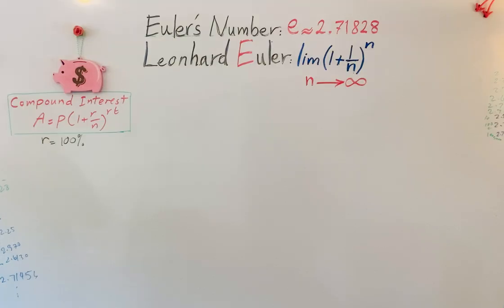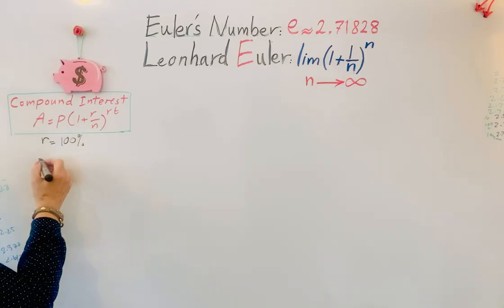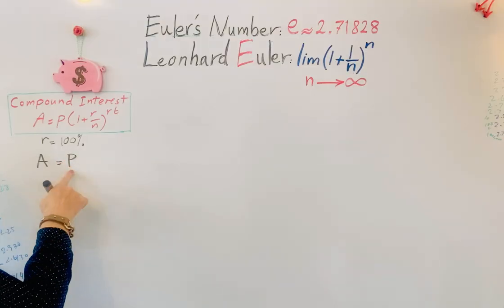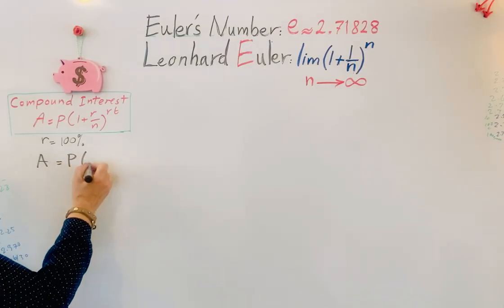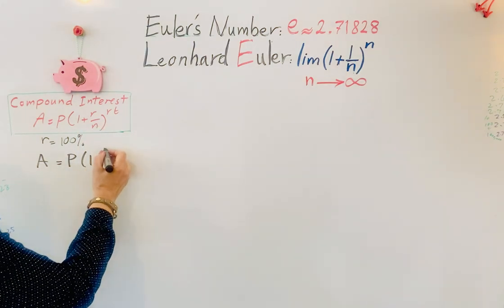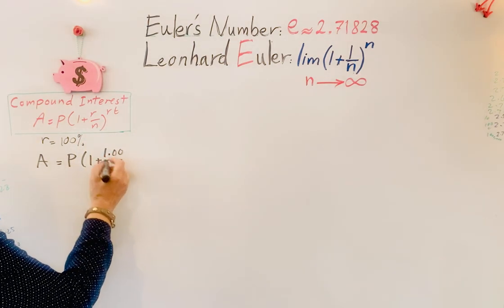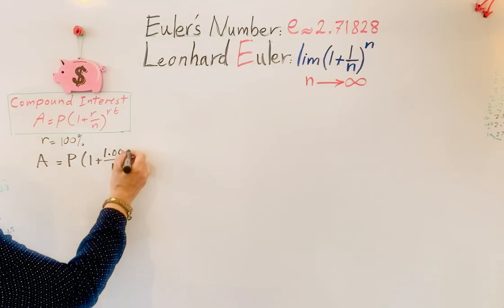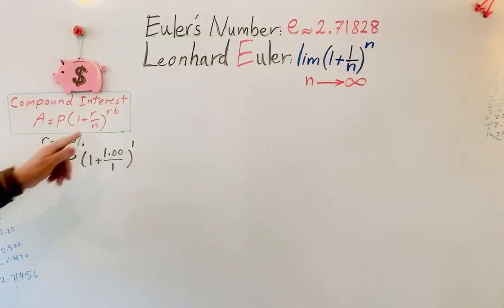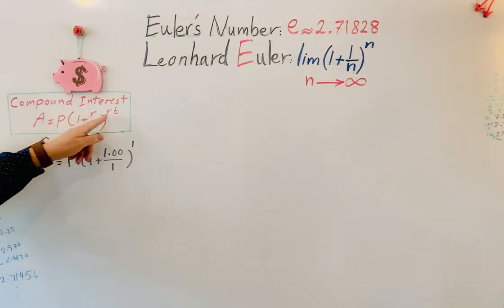If it is compounded once a year, annually, how much is it going to be? After 1 year, you have your principal, the investment, times 1 plus R, where 100% in decimal is 1, raised to 1 times 1, because T is a year and R is 100%.